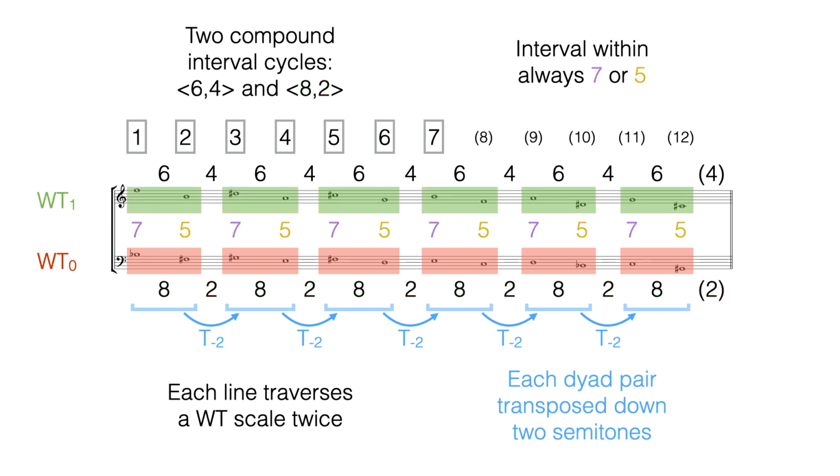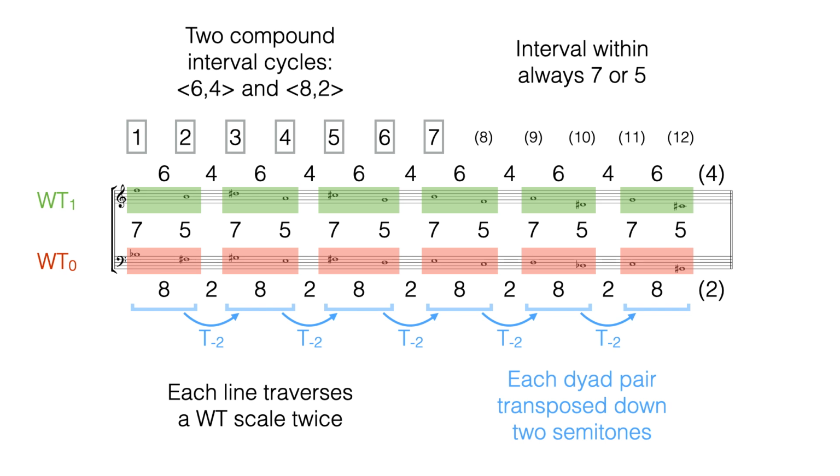Together, the melodies produce harmonic dyads that are always either perfect fifths, interval 7, or perfect fourths, interval 5. As noted, the progression is basically a harmonic sequence, moving down a whole tone, interval 2, each time.